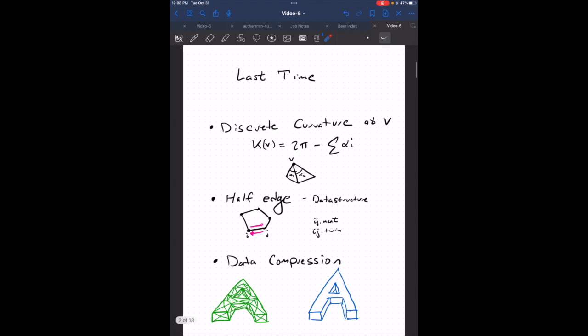We then introduced a data structure to store triangulations, the half-edge data structure, and we talked about how we could use this idea of discrete curvature to remove vertices with zero curvature to reduce the size of our input to some algorithm. So we're not really speeding up the algorithm, we're just simplifying the input so that the algorithm runs faster. So that was last time.